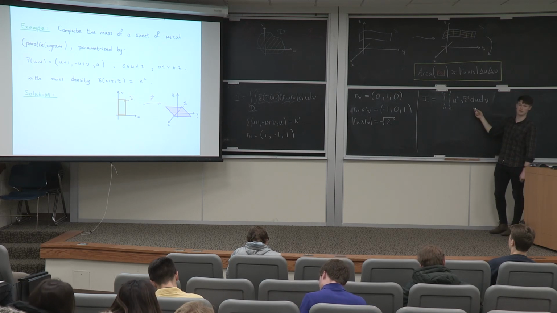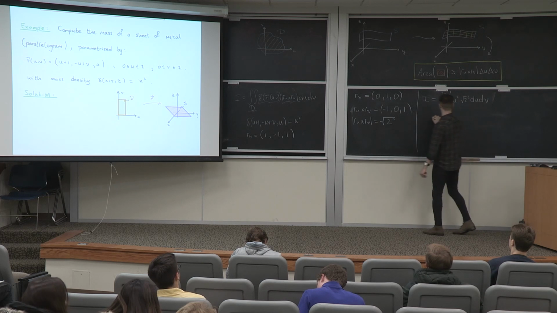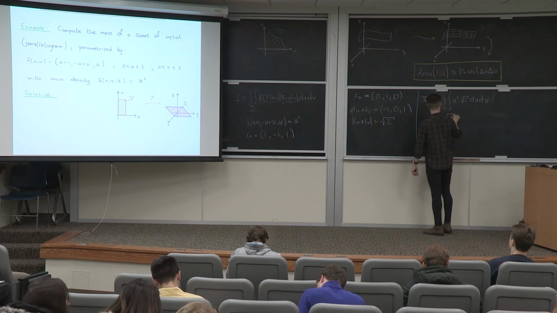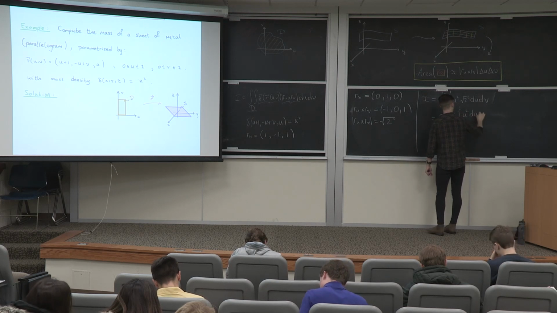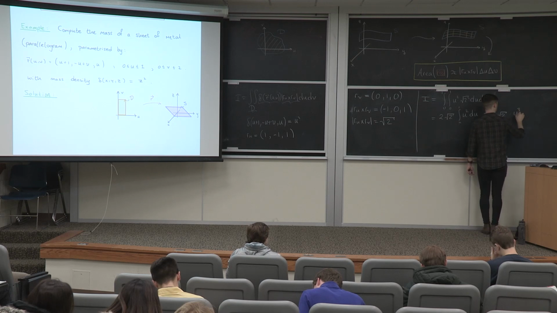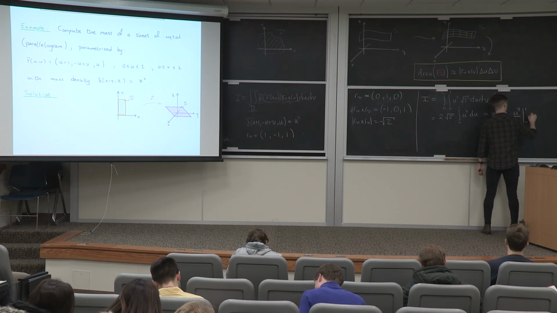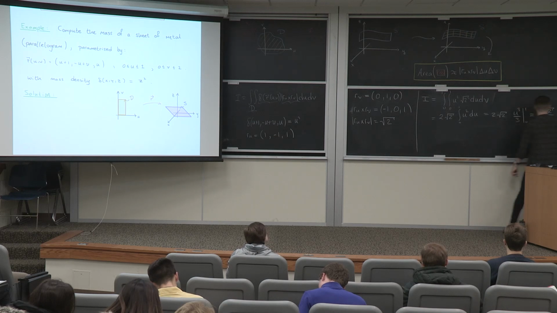There's no v dependence, so it's just going to multiply the answer by 2. The integral from 0 to 1 of u squared du equals 2 over 2, u cubed over 3 between 0 and 1, which is 2 over 3. Any questions about this?